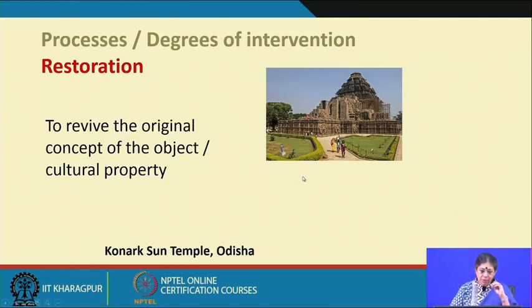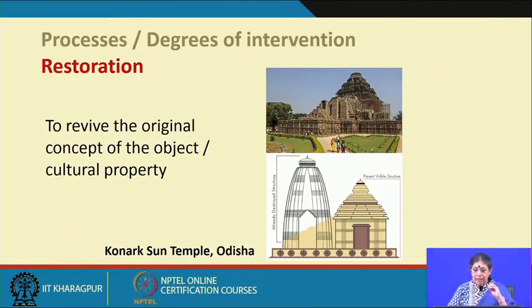Let us take the example of Konark Sun Temple. It is in Orissa, and what we see today is a World Heritage Site, a monument protected by the Archaeological Survey of India. What we see today of the Konark temple is only this part. The original structure, the main Garbhagriha, is no longer there; it collapsed.